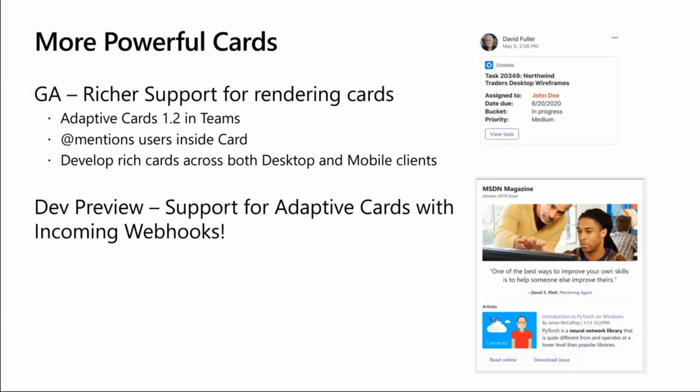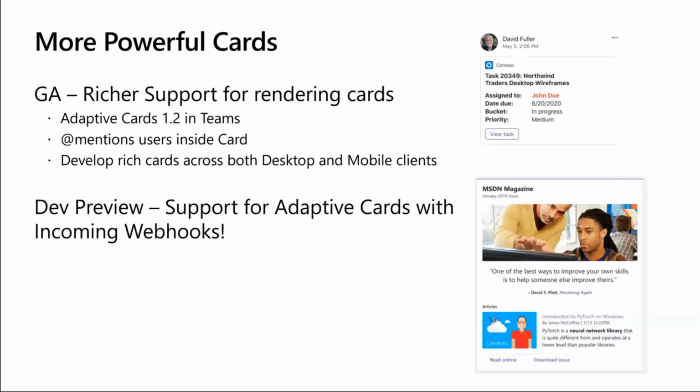The same card works within Outlook, and within Teams it works across all three of our clients, whether it's desktop, iOS, or Android. From the Microsoft Teams perspective, we're all in on adaptive cards, and we're going to keep on investing more and more. This is just a few things that we've had over the past 2-3 months. Firstly, we've got Adaptive Cards 1.2 GA support in Teams, finally.